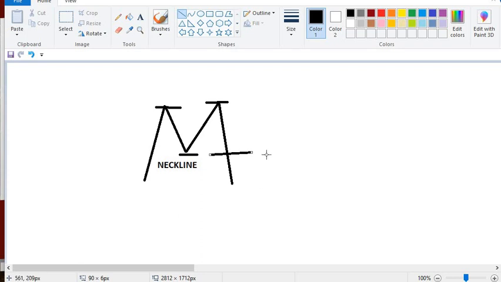So here the drop will be exactly the same height as the double top formation. We will count it from the neckline to the highs, and we will take it again from the neckline to the downside.